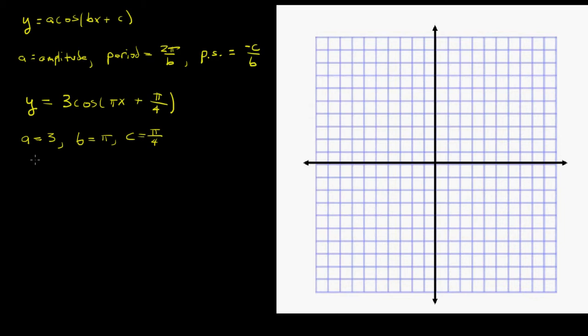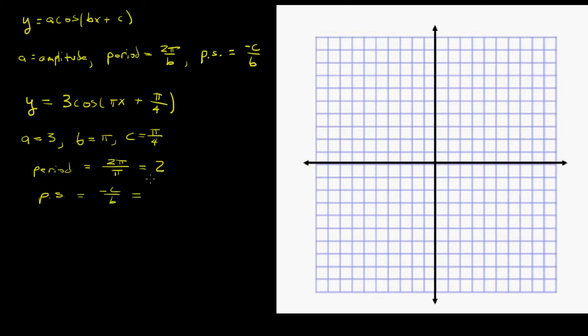Okay, so getting back to the formulas, our amplitude is 3, the period would be 2 pi divided by b, which is pi, so that would be 2. And the phase shift is minus c over b.